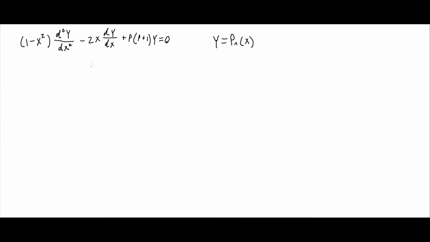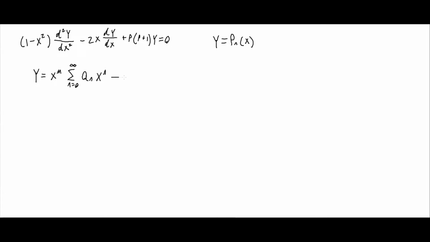And so if we wanted to solve this equation, we would use the Frobenius method, which I showed in great detail in the previous video. So we would want to find some function that looks like this: the sum from n equals 0 to infinity of a_n x^n.